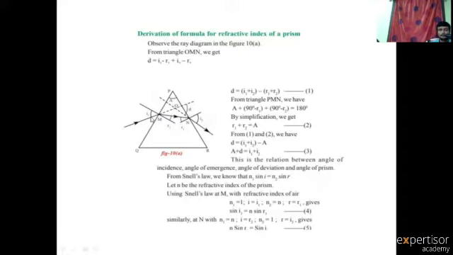So here I1 is the angle of incidence, I2 is the angle of emergence. R1, R2 are the angles of refraction. The actual paths of the incident and emergent rays are extended. It gives the angle of deviation, small d.